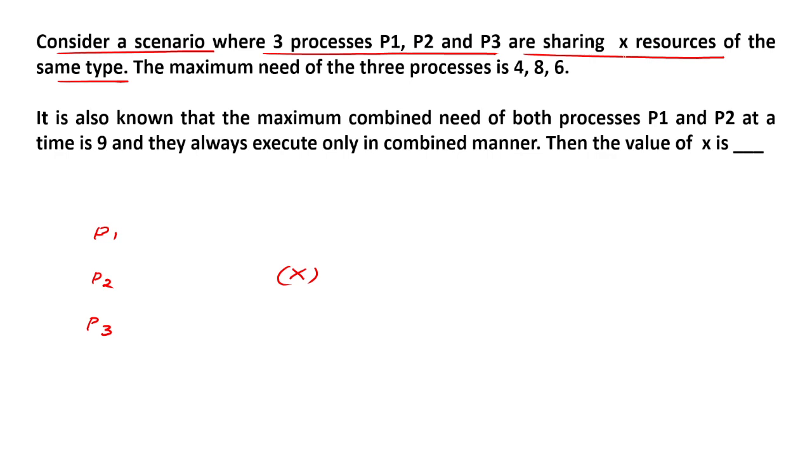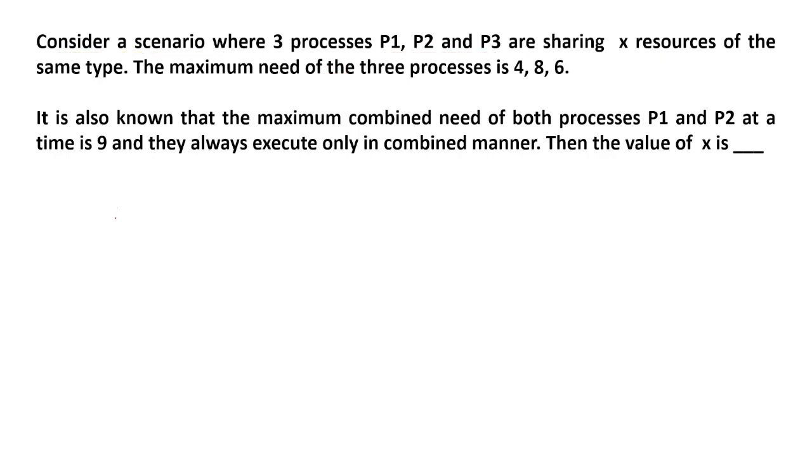X number of resources that are of the same type. That means if P1 is using any type of memory, then P2 and P3 will use the same type of resource. The maximum need of the three processes are 4, 8 and 6 respectively.